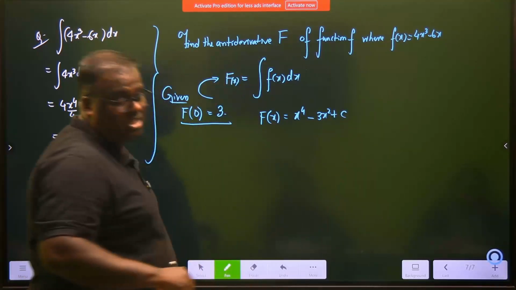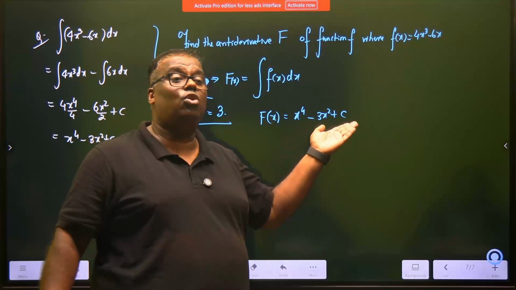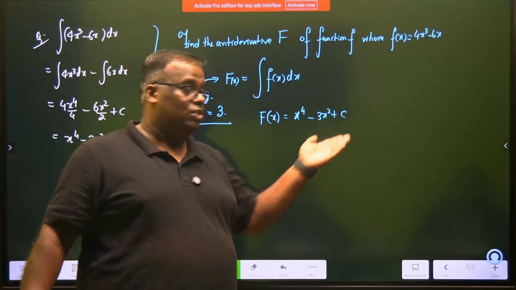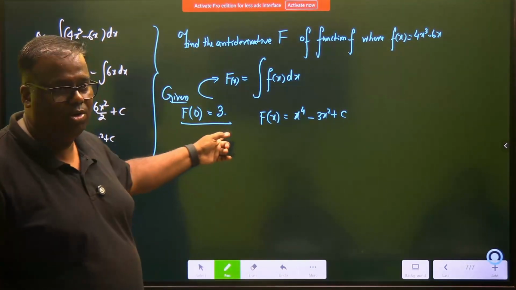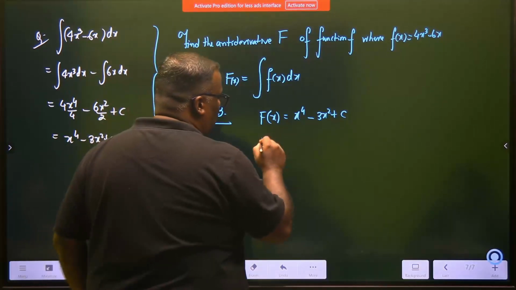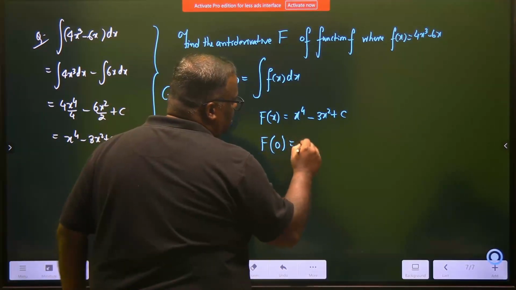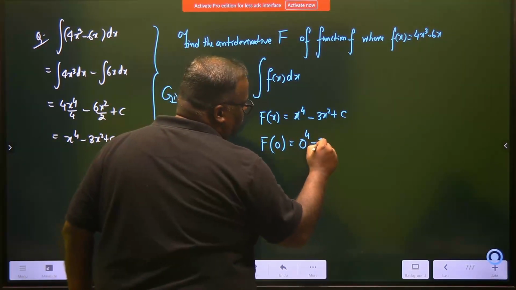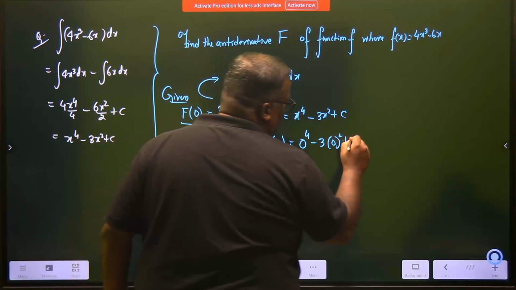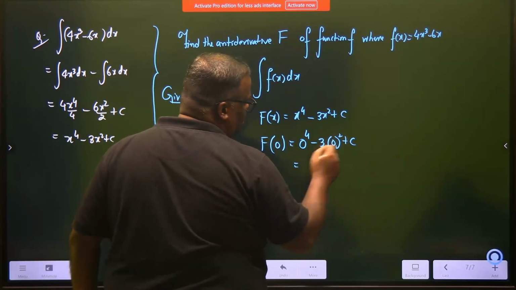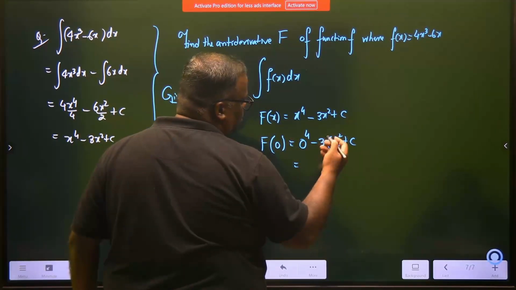c. Now this c, अब ये c के बारे में समझ में आया. This is the constant of integration. So they have told you F of 0 is equal to 3. Now you put F(0). F(0) is 0 to the power 4 minus 3 times 0 square plus c. कितना आ रहा है बेटा? It is 0 minus 0 is 0.